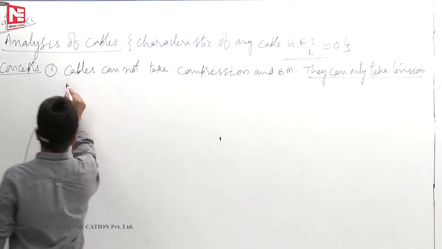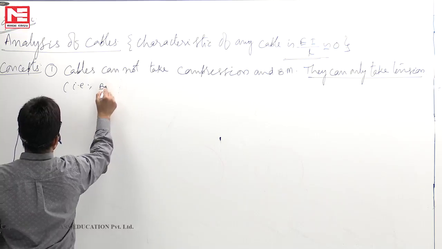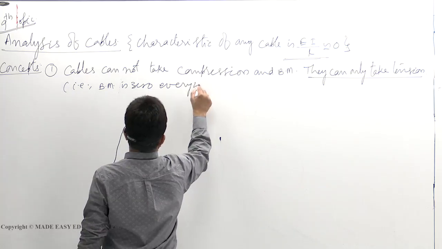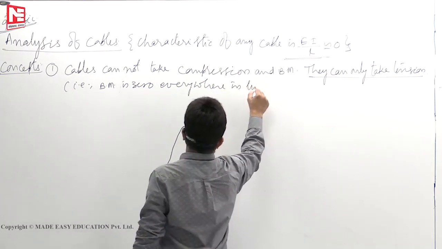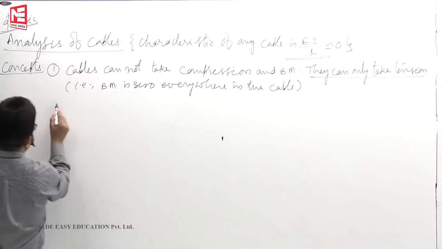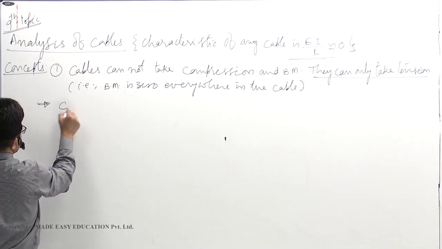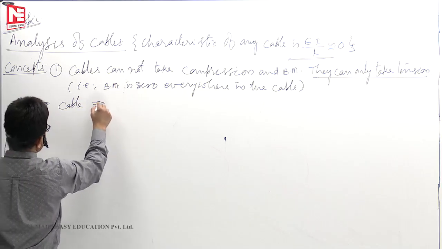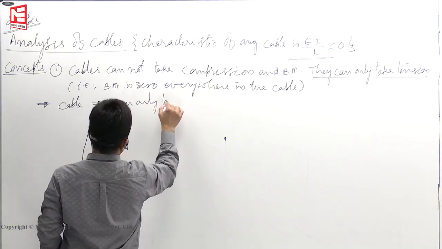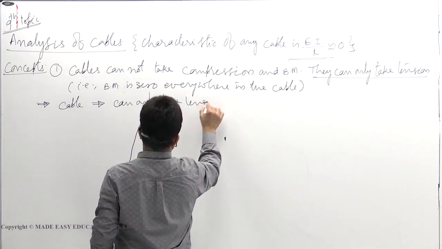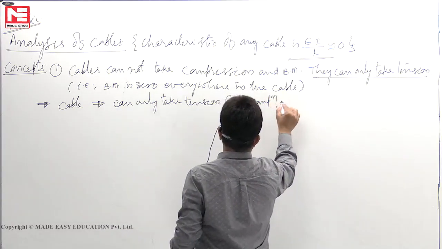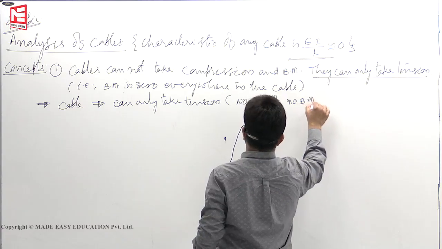That means bending moment is 0 everywhere in the cable. Then accordingly, this is how the nomenclature works. If you use the word cable, it can only take tension, no compression, no bending moment.